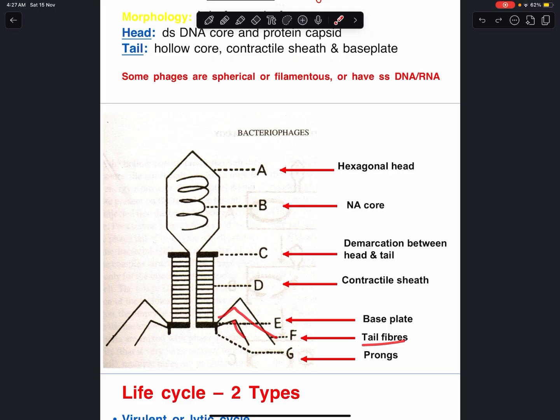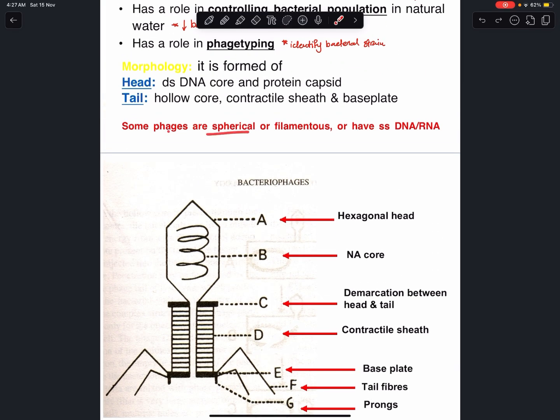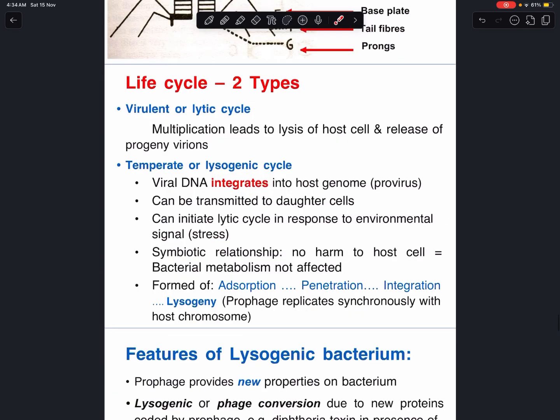Here is the tail, obviously. These are the important points. Some phages are spherical or filamentous, and they can also have single-stranded DNA or RNA.